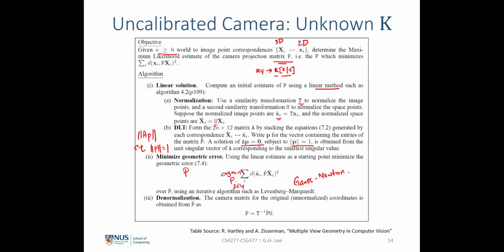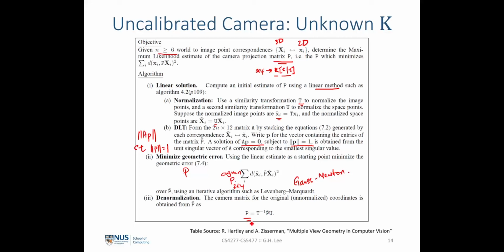Then finally, in the last step, after we have obtained the camera projection matrix from both the algebraic initialization as well as the geometric error minimization, we have to perform the last step, which is the denormalization, to recover the correct projection matrix with respect to all the original 2D to 3D correspondences that we have obtained earlier on.